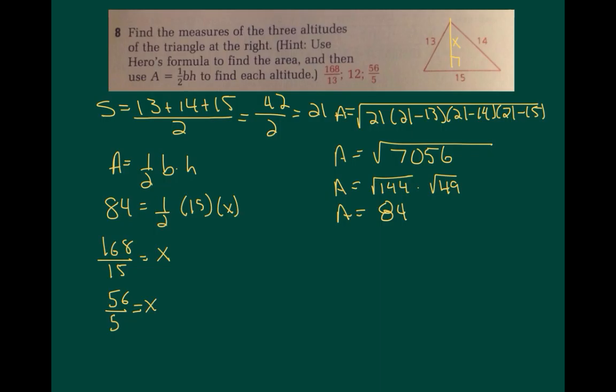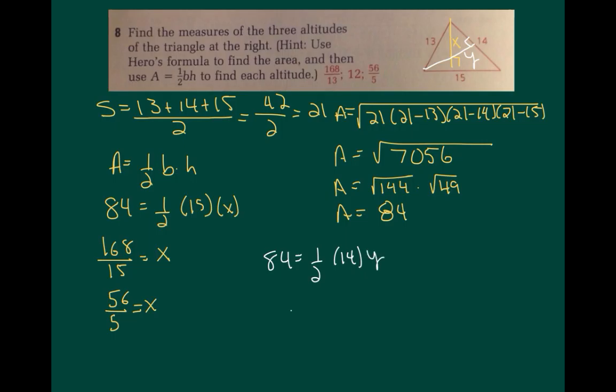Now, I'm going to find the other two in a very similar fashion. The next one I'm going to look at is the altitude that runs from the lower left up to 14. By very similar calculation, I know that 84 will equal 1/2 times the base, which this time is 14, times, let's call this one y.